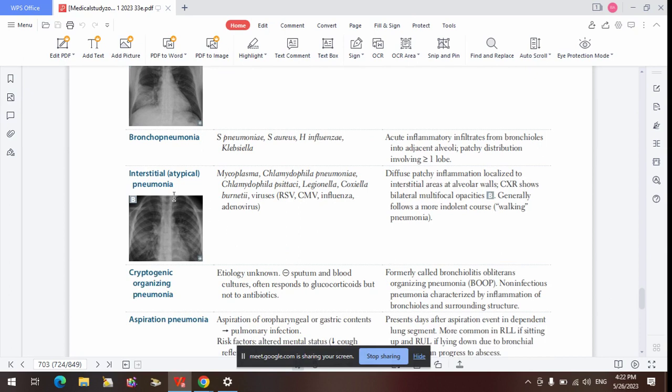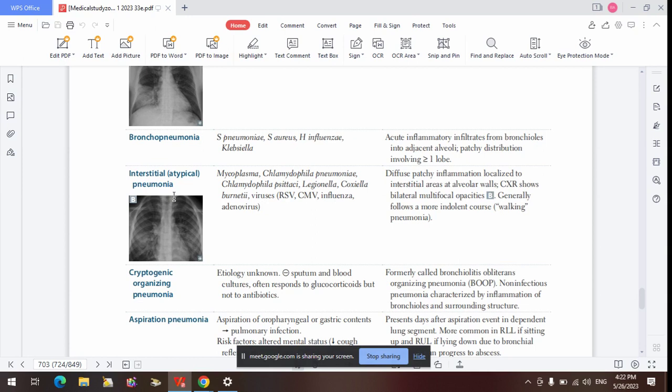For interstitial pneumonia, you have this patchy inflammation like you have in bronchial pneumonia, but it's bilateral. It affects both lungs. You see bilateral multifocal opacity diffusely affecting the entire lung zones. The implicating organisms here are not your common bacterial ones like strep pneumo and staph aureus.